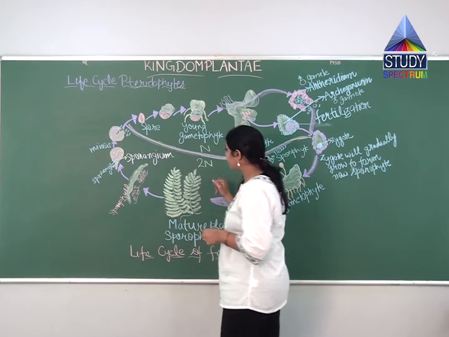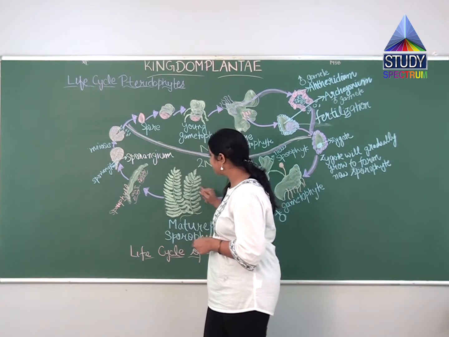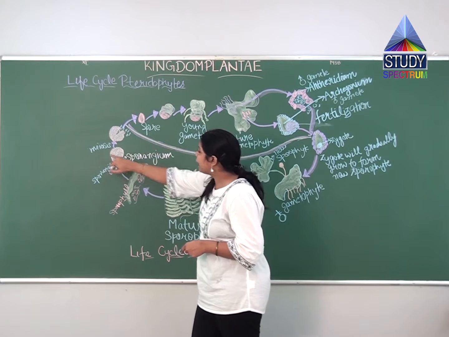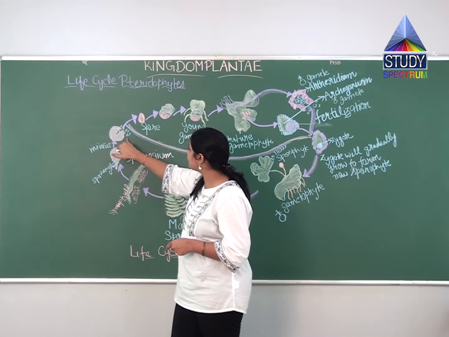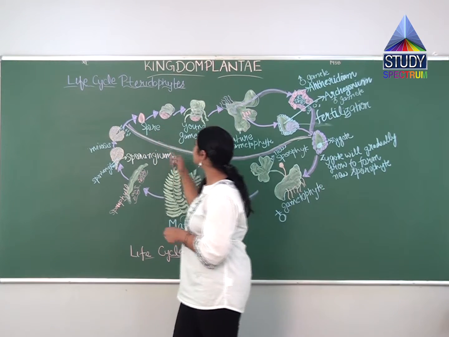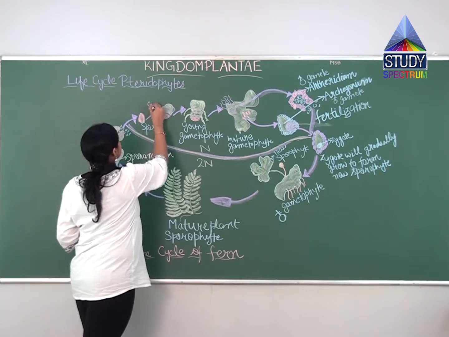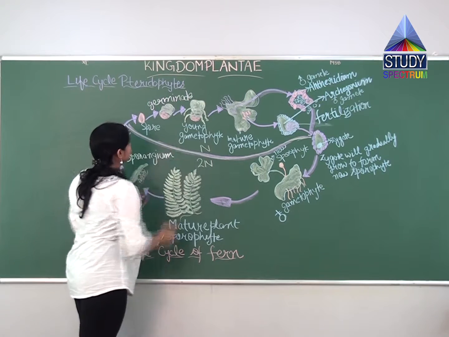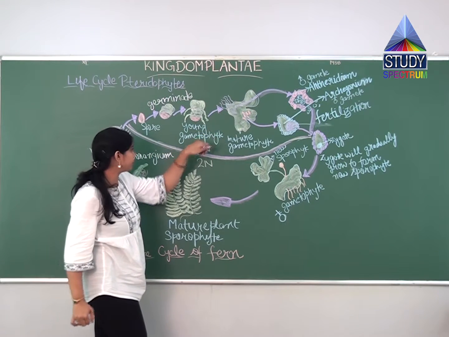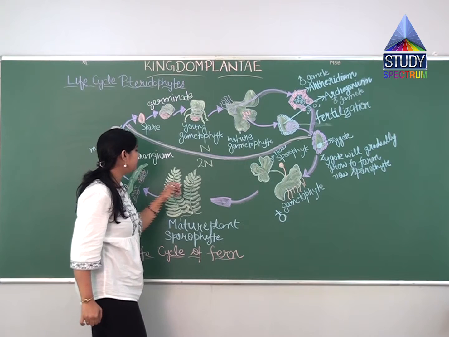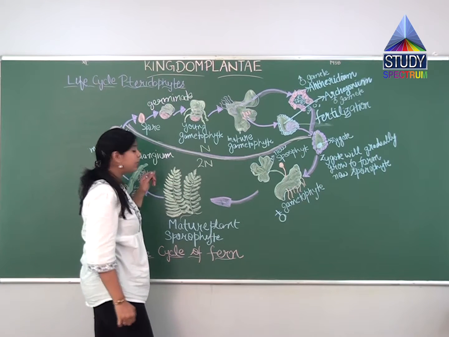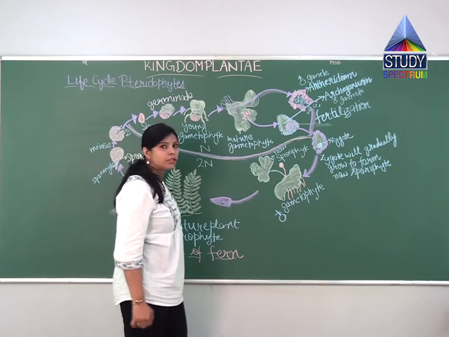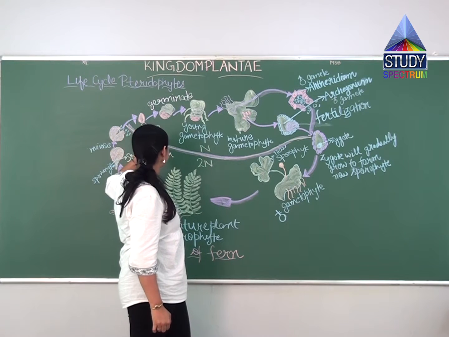So till here what we have seen, a mature sporophyte contains spores in the sporangium, and here meiosis will occur and the spores will be released. Now these spores will germinate and form the young gametophyte.